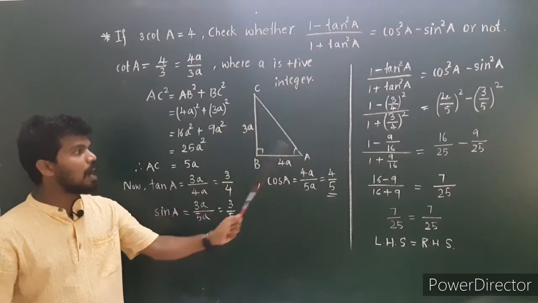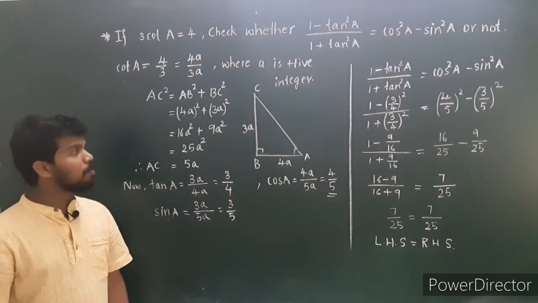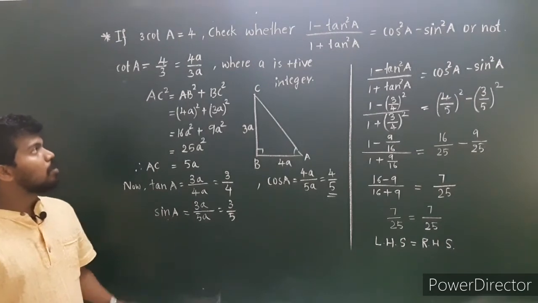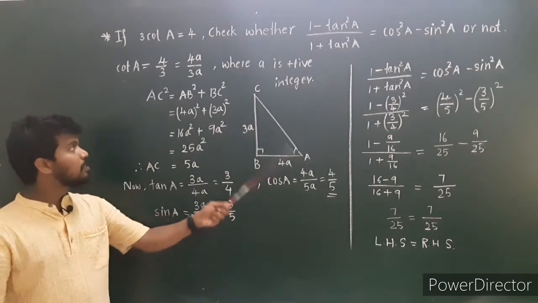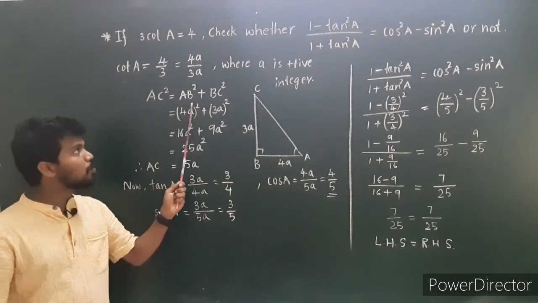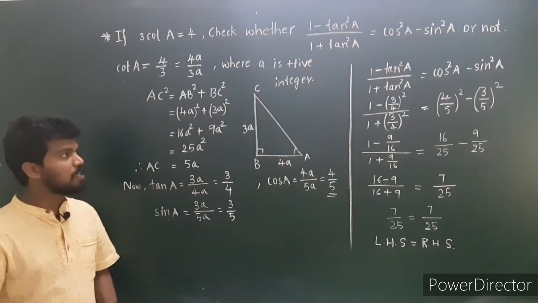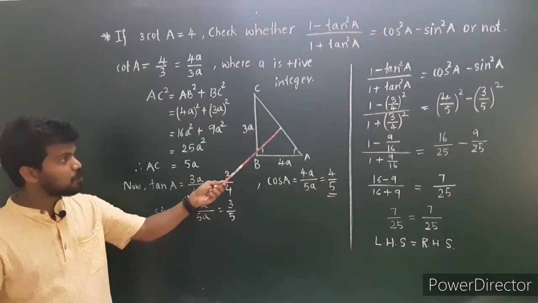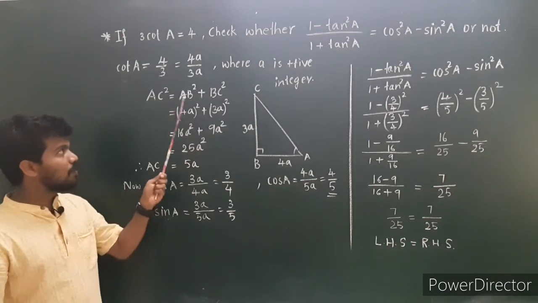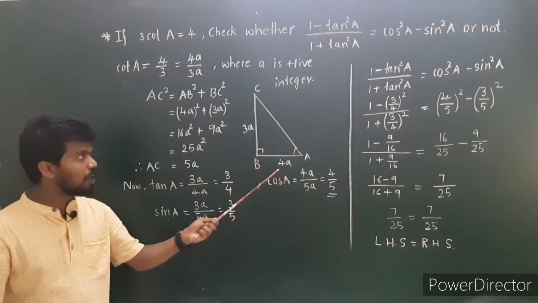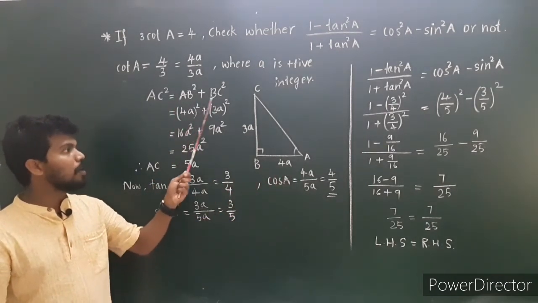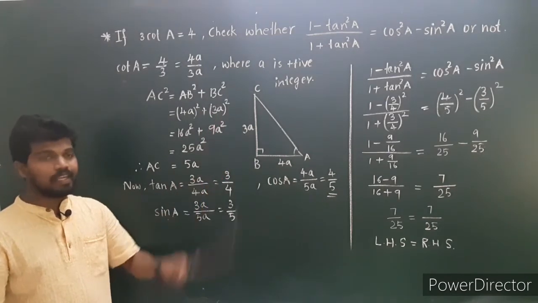So now we have to find the hypotenuse AC using Pythagoras theorem. So in a right triangle, the square of the hypotenuse is equal to the sum of the squares of the other two sides. So this is the other two sides and this one is the hypotenuse. So what is the value of AB? You consider 4A, so substitute 4A square, BC 3A, 3A square.